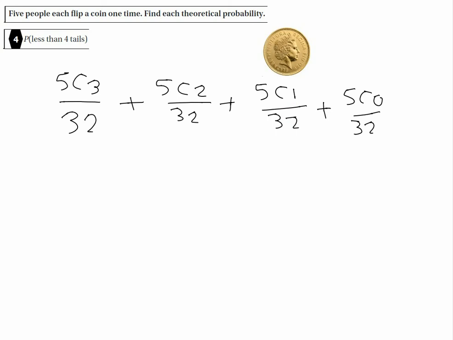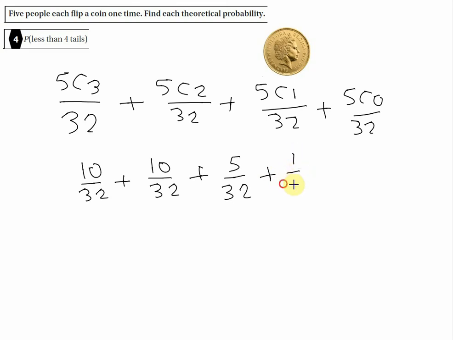What is the first probability? 5C3 over 32, which means 10 over 32, plus the probability 5C2 over 32, which means 10 again over 32, plus 5C1 over 32 is 5 over 32, and 5C0 over 32 is 1 over 32.